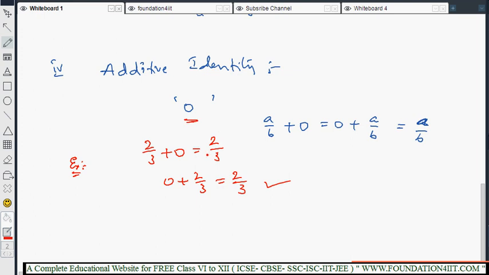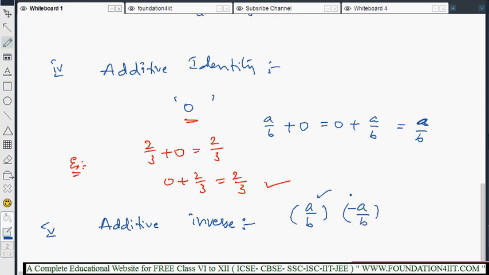Now additive inverse. For every rational number a by b, there exists another rational number minus a by b, which is its additive inverse, because we should get the additive identity if we add them.